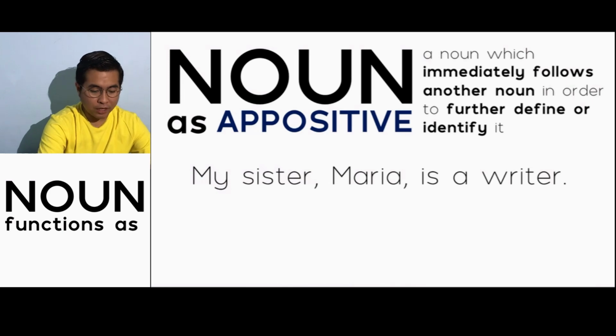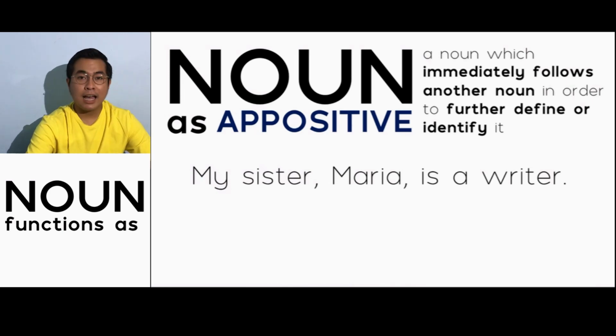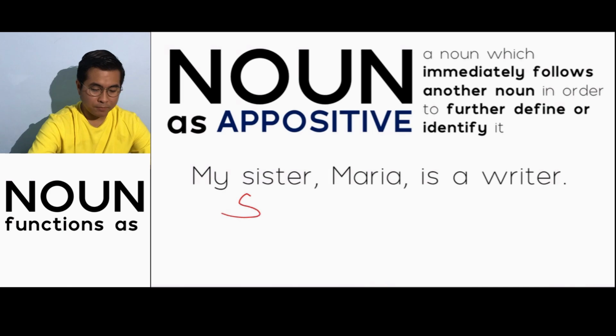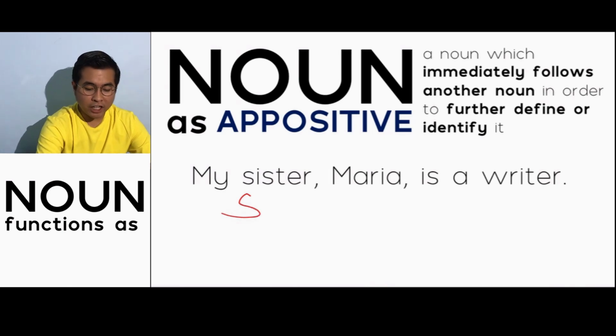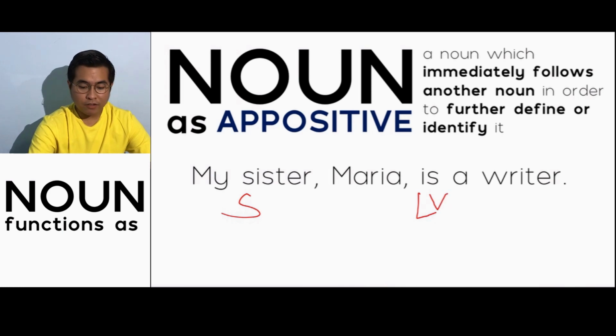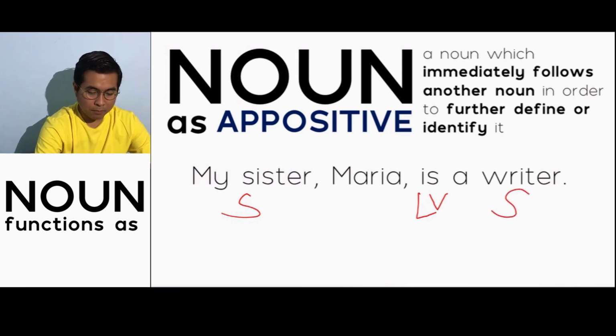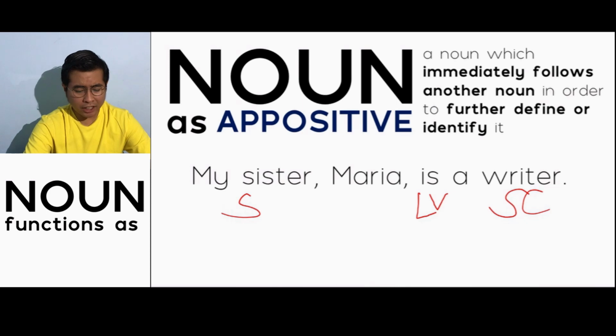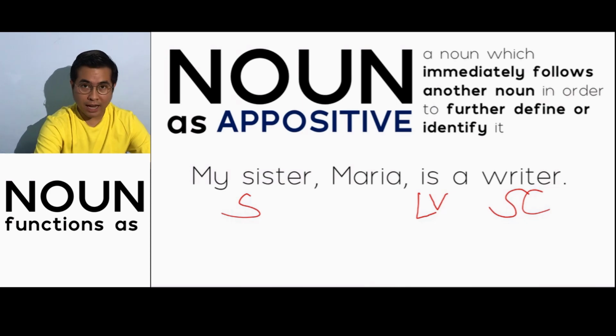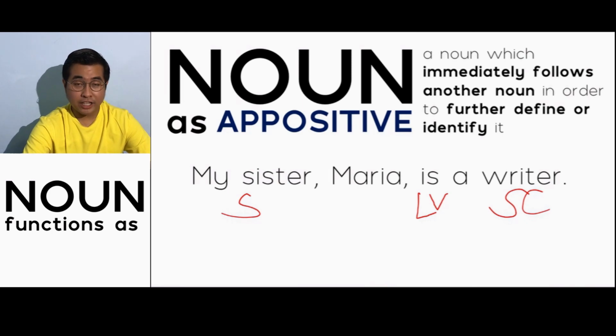For example, here we have "my sister" as your subject. Then you have a linking verb, which we used a while ago. And then you have "writer" as a subject complement. But here we have "Maria." We could actually remove that and still have "My sister is a writer."